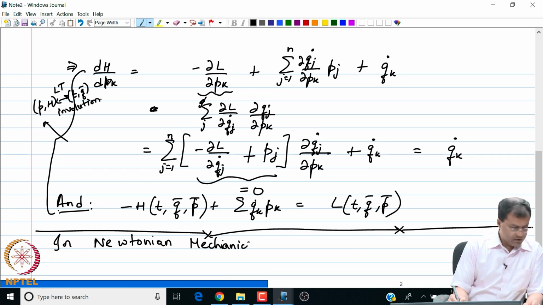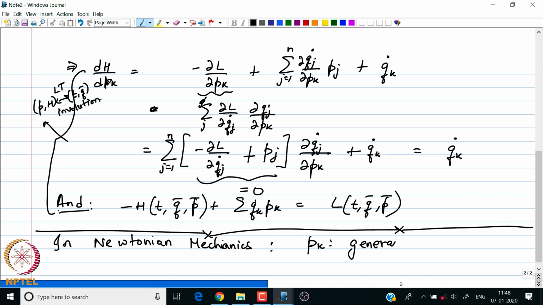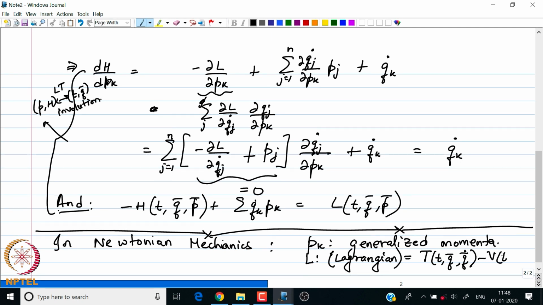My p_k are denoted as the generalized momenta variable, and my L, which is the Lagrangian, is defined to be T of t, q bar dot minus V of t, q bar, where the first quantity in continuum mechanics is the kinetic energy and the second quantity is the potential energy.